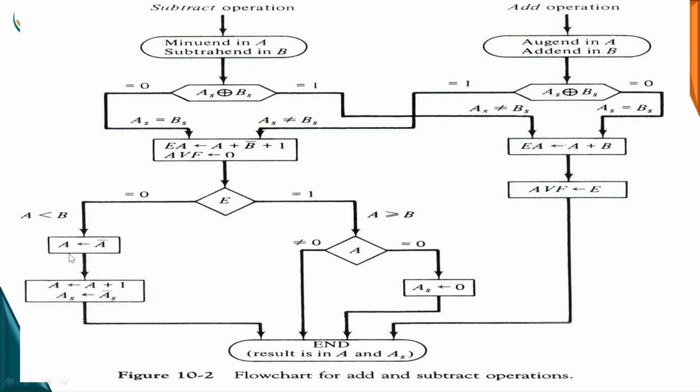For performing a 2's complement, I first perform a 1's complement. A bar implies the 1's complement. I perform a 1's complement of the result stored in A, and then add 1 to it, so that I get the actual result.